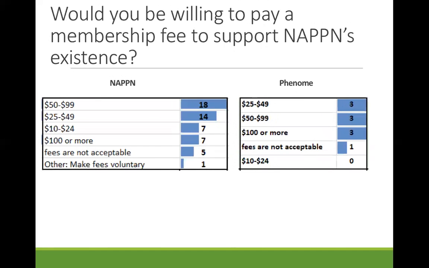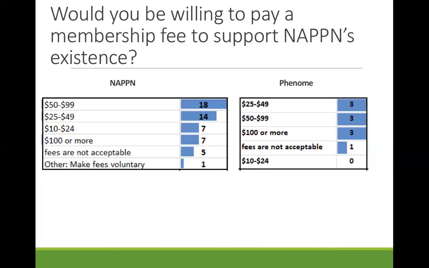Carolyn just mentioned trying to get some financial support for this organization. As you know, we're running on $0. We're asking and begging to get what funding we need to do some of our basic operations. And so we asked if people would be willing to pay a membership fee.